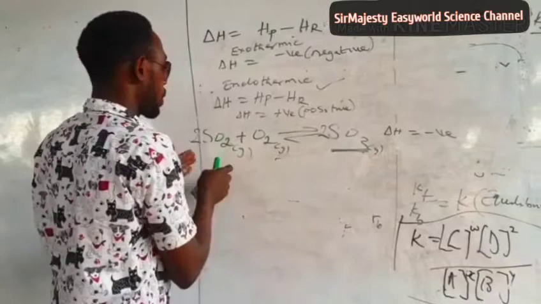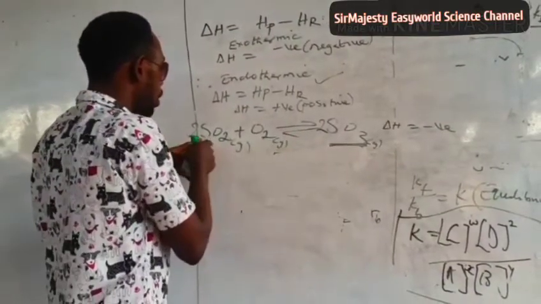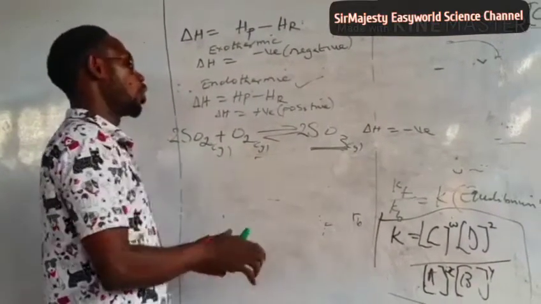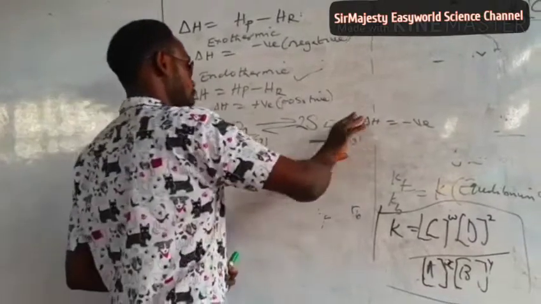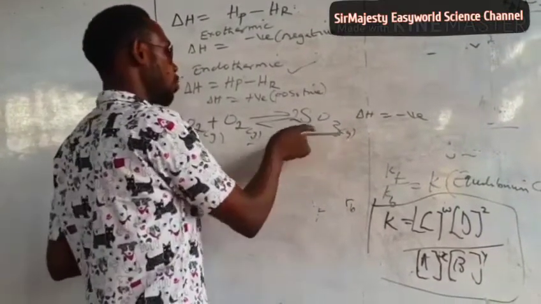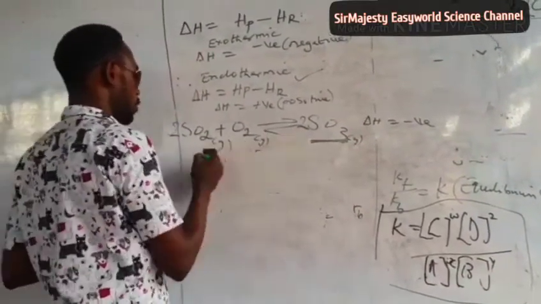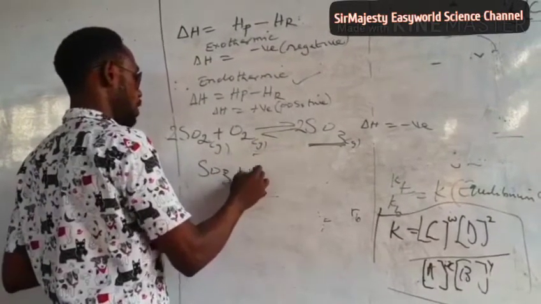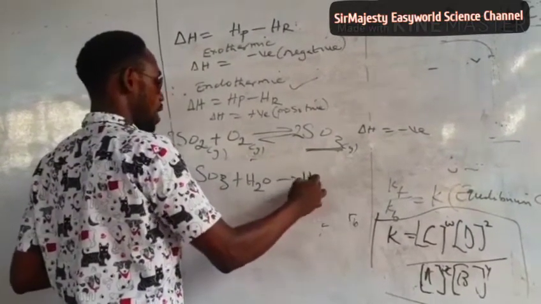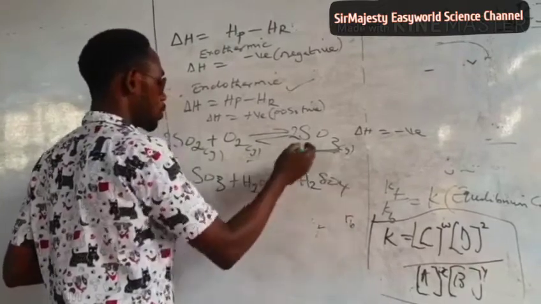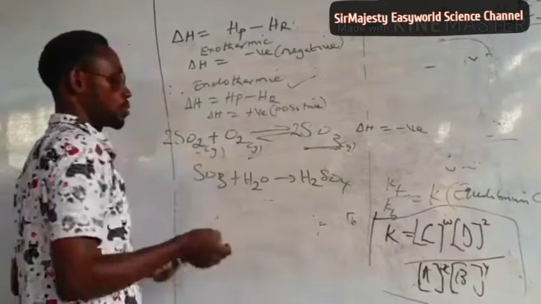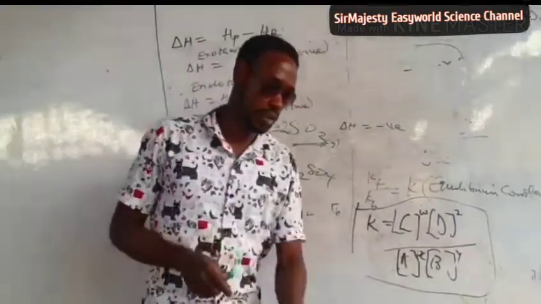This is my left, of course. This leads to more yield of SO2 and O2. But lowering the temperature shifts the equilibrium to the right, leading to more yield of SO3. Remember, this is what will be dissolved in water, though it is highly exothermic, to give you H2SO4. So what we want is SO3 and not SO2. Now, that is it for the effect of temperature.